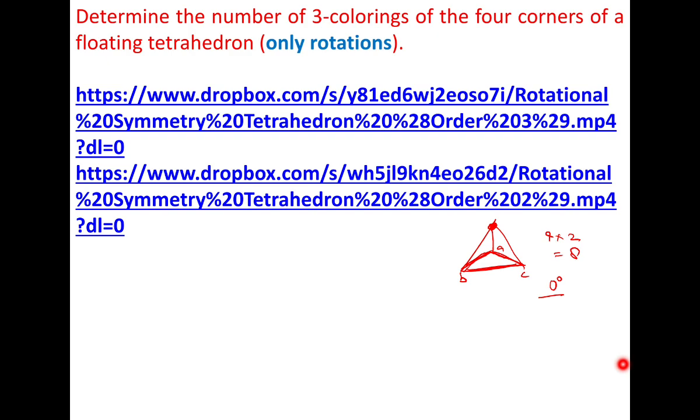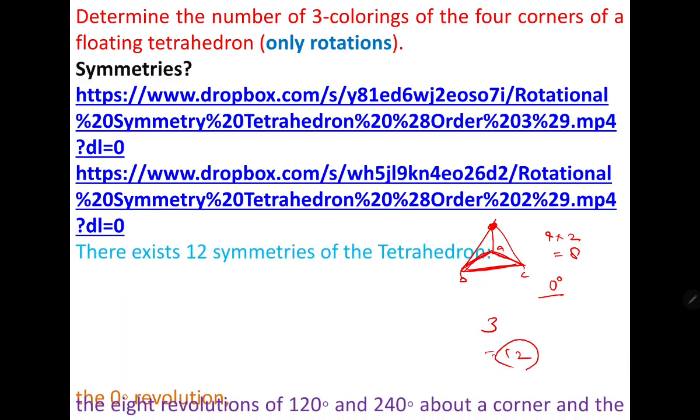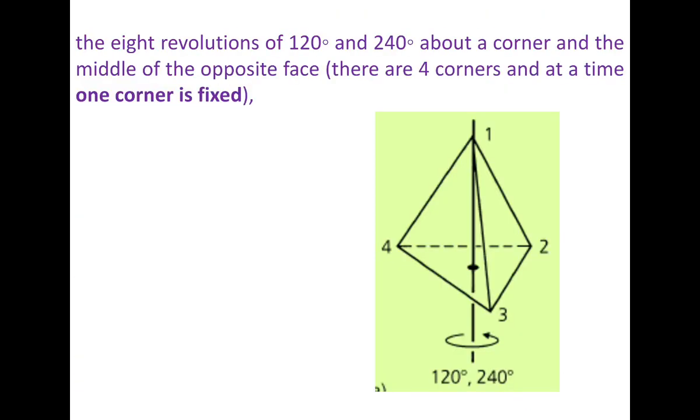Since you are considering 2 opposite edges, and total 6 edges are there, you consider two edges at a time, so 3 symmetries would come from the 180-degree rotation. So total 12 symmetries are there. This is what I was telling: you fix one point and rotate it, so this triangle would get interchanged, 120 degrees, 240 degrees.